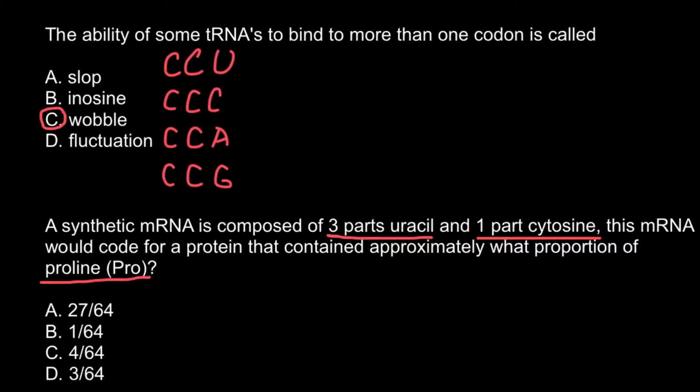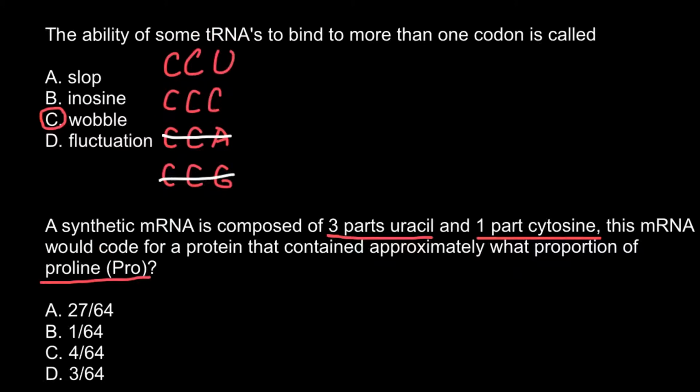Because we have only uracil and cytosine, we wouldn't be able to make this three-nucleotide, because here we have guanine. So we can cross out this variant. And here we have adenine, and we also don't have this base, so we can cross out this variant also. So only these 2 three-nucleotides can make proline.